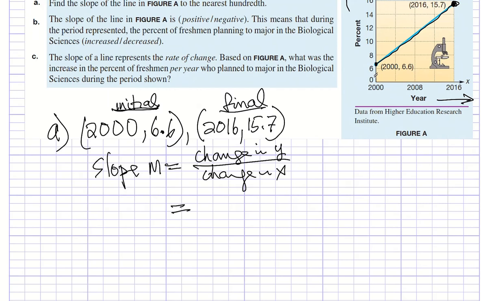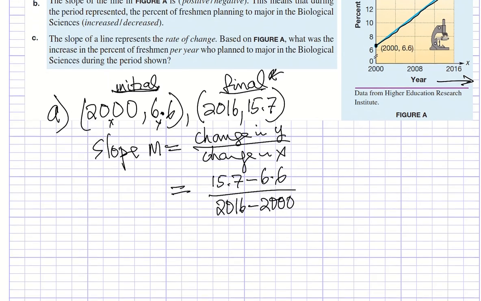So change in y is, don't forget this is x, this is y, okay? Change in y is 15.7 minus 6.6. See, that's why I said this is final. You start with the one where they ended, and you subtract the one where they started. It's over 2016 minus 2000, okay?